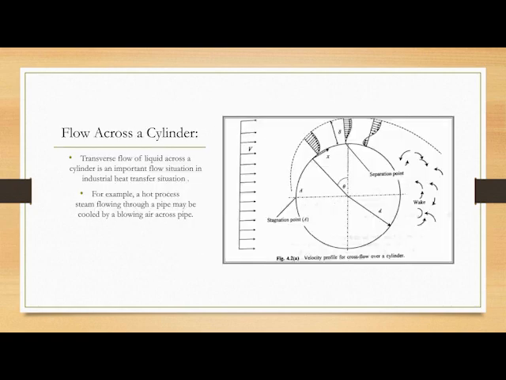As we discussed earlier about the flow across the cylinder, here we could have a laminar flow or a turbulent flow across a circular pipe.